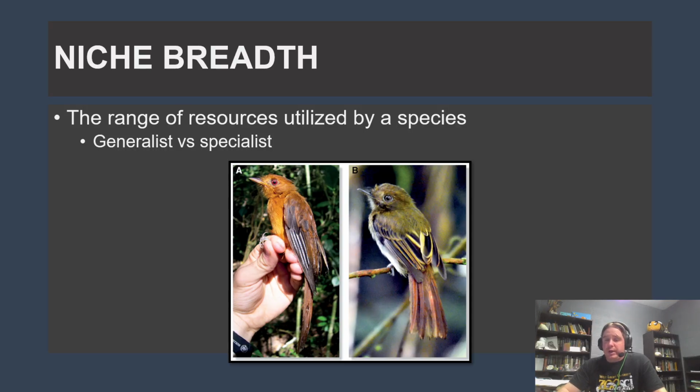And so this is where the ideas of specialist and generalist organisms come from. And you might ask, well, which is better? Is it better to be a specialist or a generalist? And the answer is that neither is better. If you imagine very stable conditions, specialists in their particular specialization will outcompete generalists.